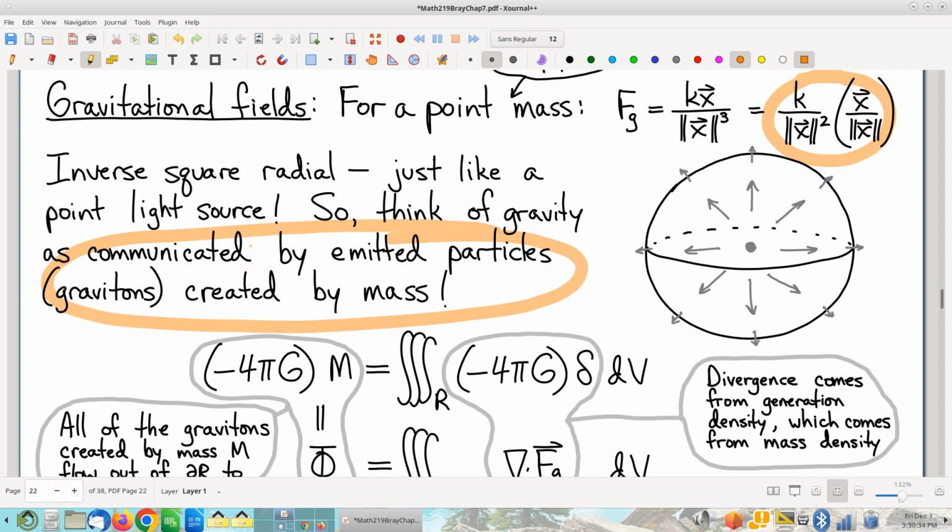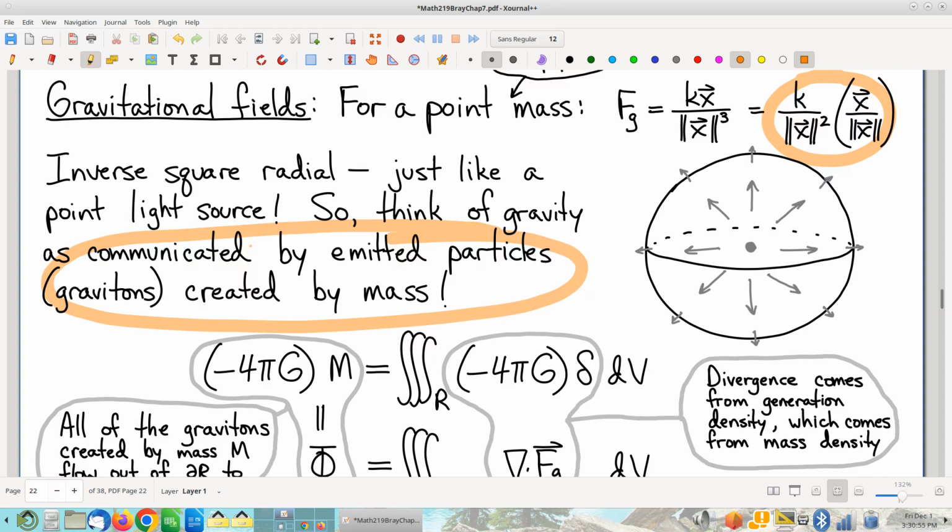So that's the theory, air quotes, theory that gravity is not this mysterious action at a distance. There's a planet way over there and I'm way over here, and magically somehow there's a force even though the planet is nowhere near me, right?